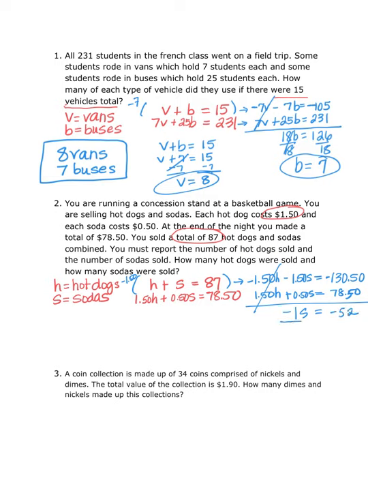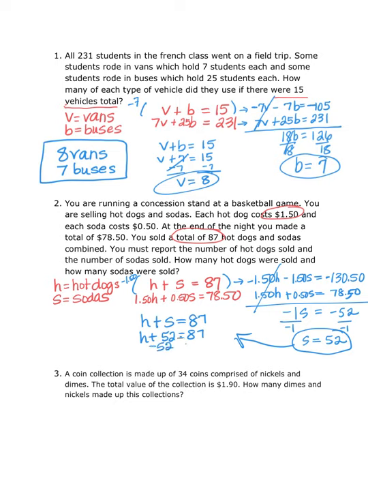Okay, dividing both sides by negative 1 will give me S equals 52. So that gives me how many sodas we have. We have 52 sodas. To find out how many hot dogs, we're just going to plug that back in to my original equation. H plus S equals 87. So H plus 52 equals 87.